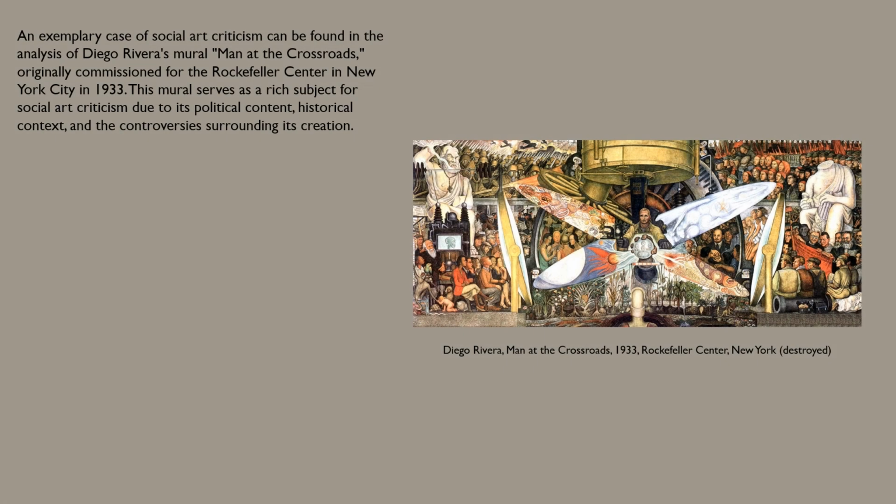An exemplary case of social art criticism can be found in the analysis of Diego Rivera's mural, Man at the Crossroads. This was originally commissioned for the Rockefeller Center in New York City in 1933. This mural serves as a rich subject for social art criticism due to its political content, historical context, and the controversies surrounding its creation.